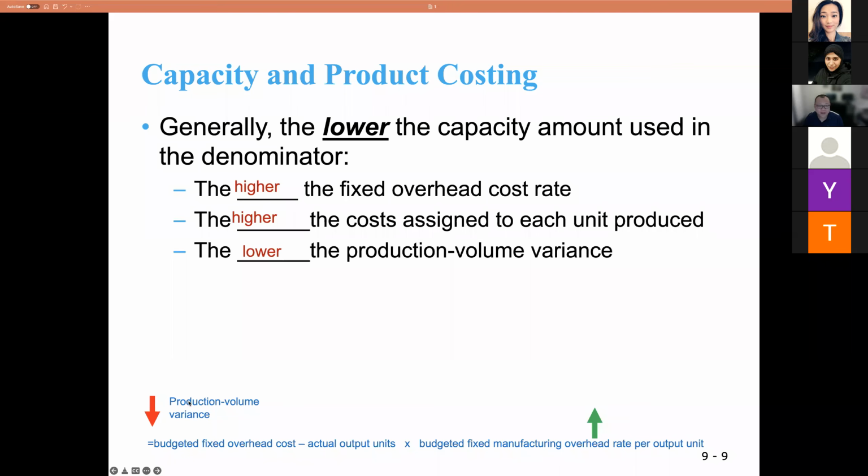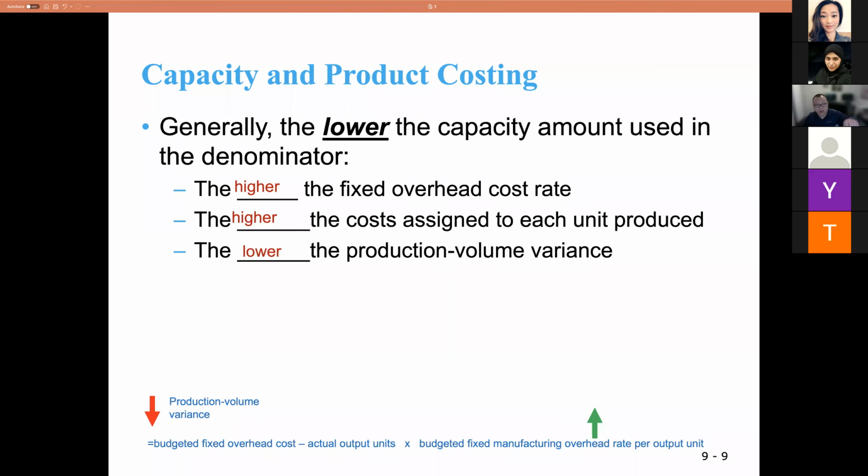So I don't want you to be confused. This is the production volume variance, and there are other variances you learned in the last chapter. The best way to know this is just to remember this formula, because we did learn about sales volume variance in the previous chapter. So don't be confused with those two.